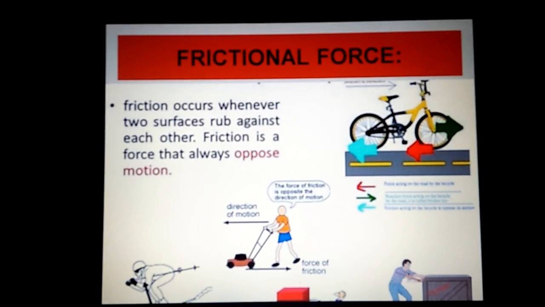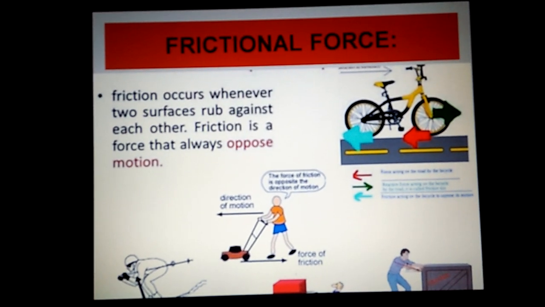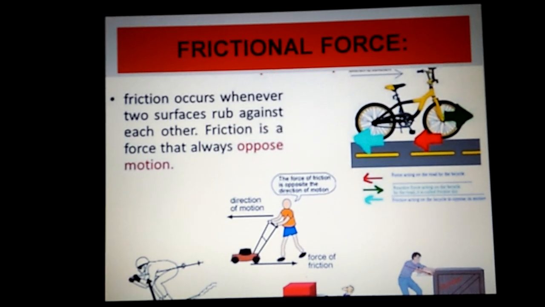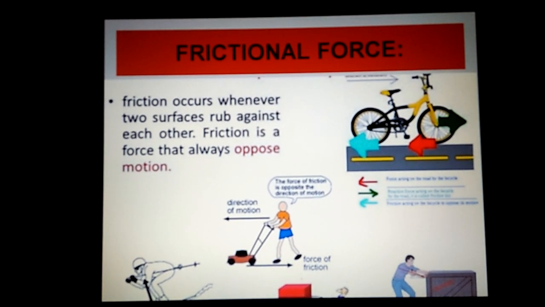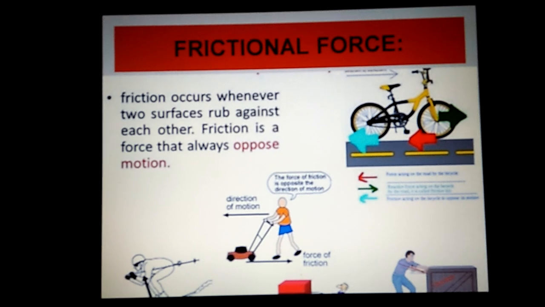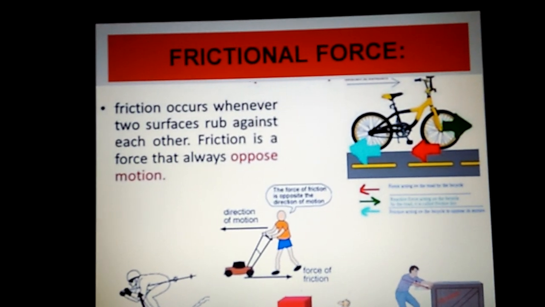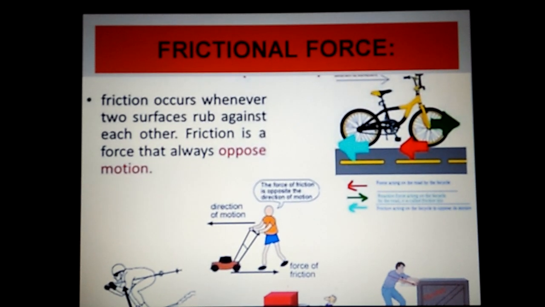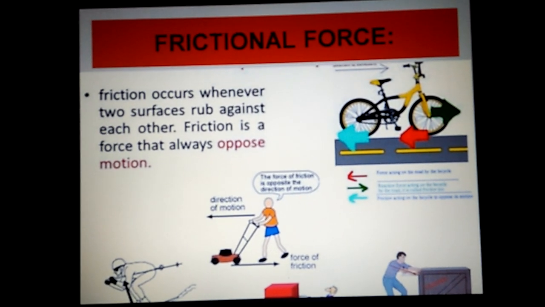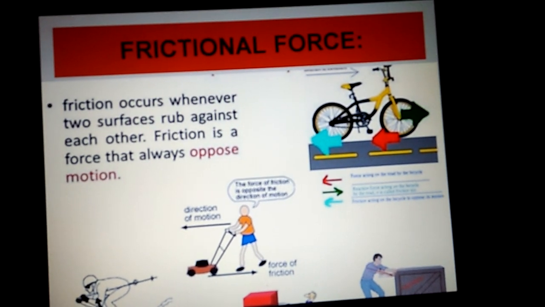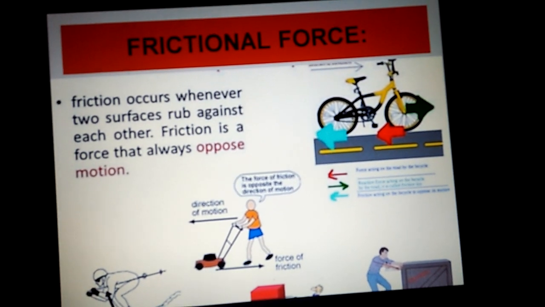Frictional force is also a type of contact force, because if the two objects are not touching each other, for example, you are not walking on the ground, the bicycle is not running on the surface of the ground, the frictional force cannot be applied. So friction can only act when the two objects are touching each other or they want to slide over each other, right? I hope all these three types of forces are clear to you all.